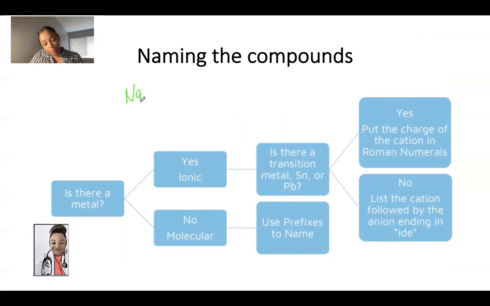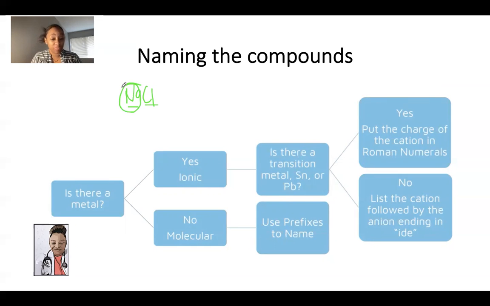We look at our elements and there is a metal, sodium, which I know is on the left side of the periodic table. So if the answer is yes, then this must be ionic.